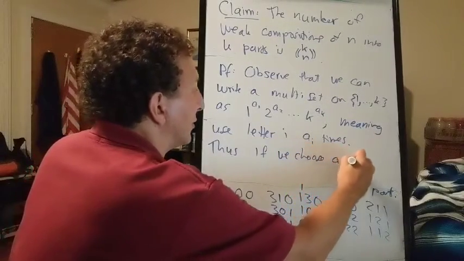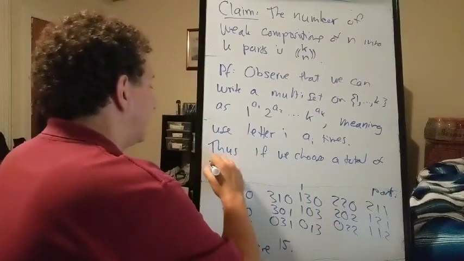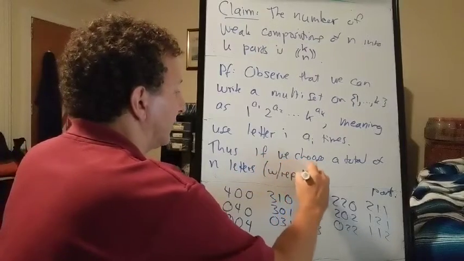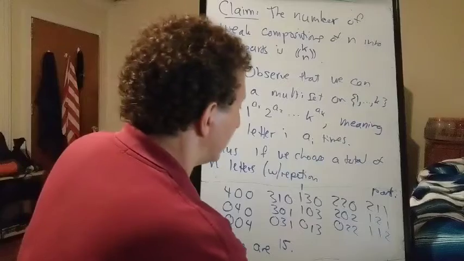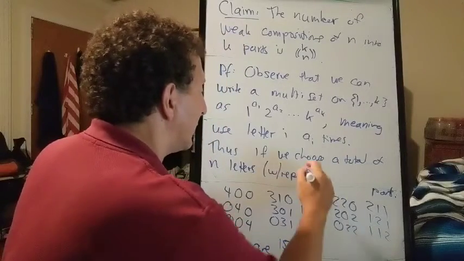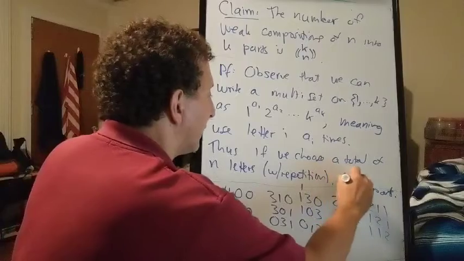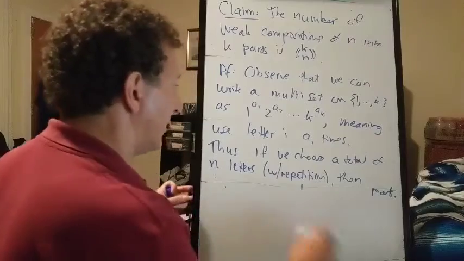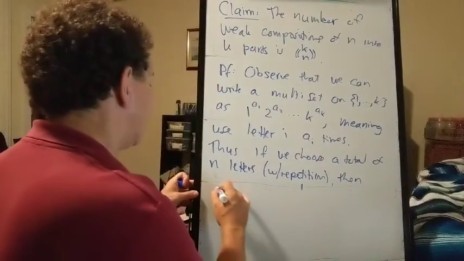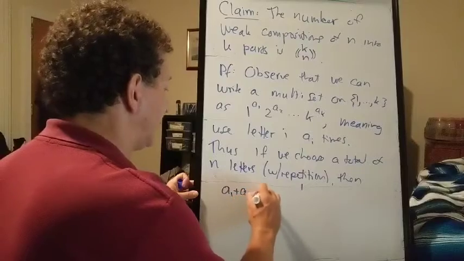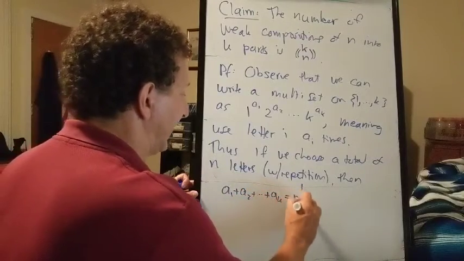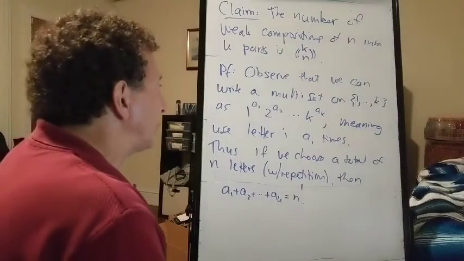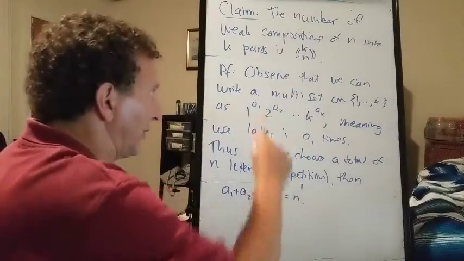So if we choose a total of n letters with repetition, then a1 plus a2, etc. up to ak equals n. Furthermore, any multiset can be arranged like this, where we record the multiplicities.